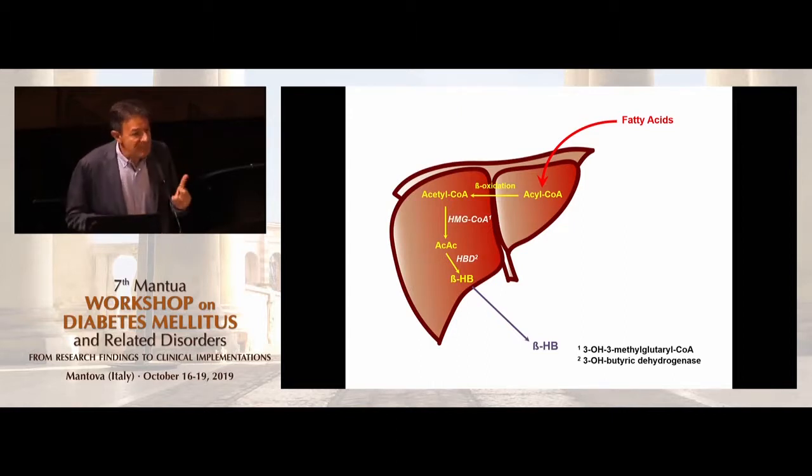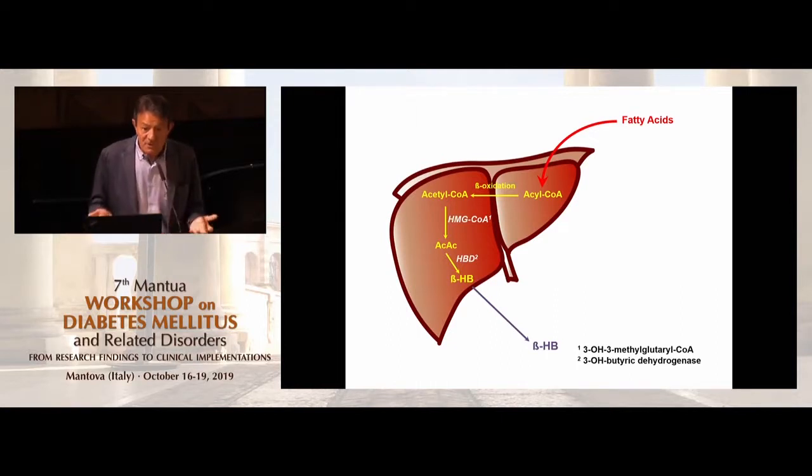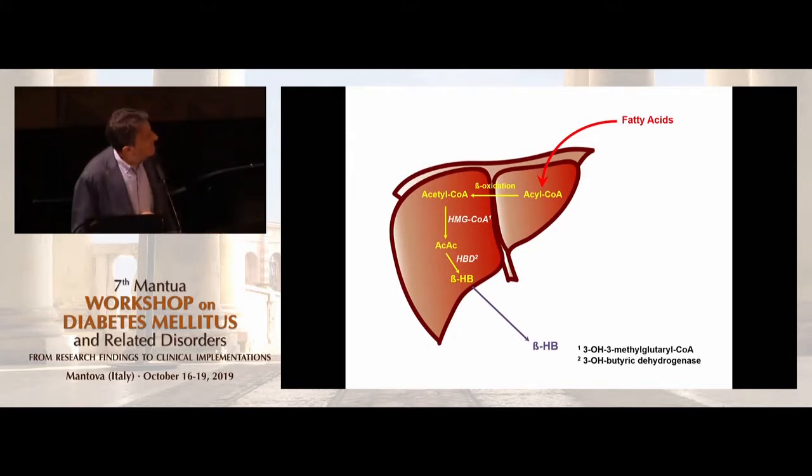It's important to remember that the first step in the condensation of acetyl-CoA to acetoacetate is a very familiar enzyme. It's hydroxymethylglutaryl-CoA, which is also a committed step in the synthesis of cholesterol, but with the important difference that this one is the mitochondrial isoform, whereas for cholesterol, it is the cytosolic isoform.